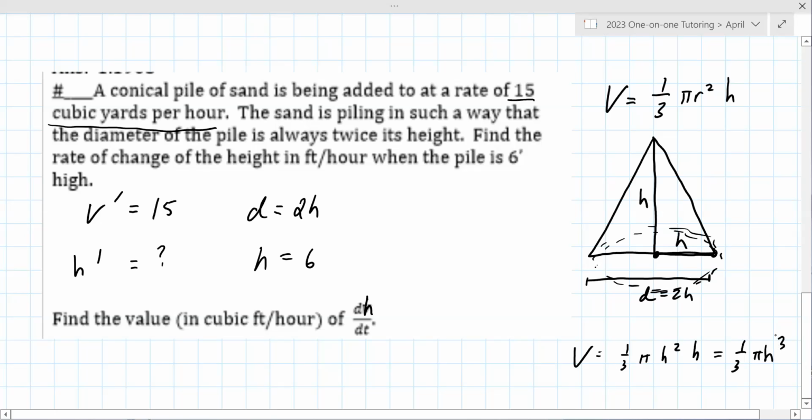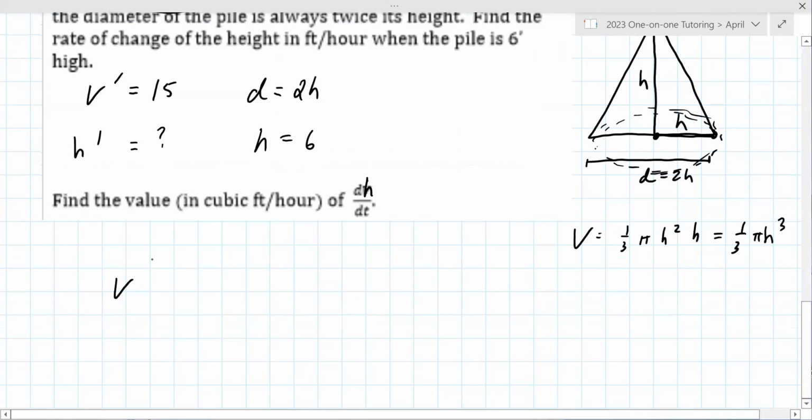You generally always want to reduce ahead of time. So now your derivative, V prime, is power rule. So it's 1/3 times 3 pi h squared h prime.